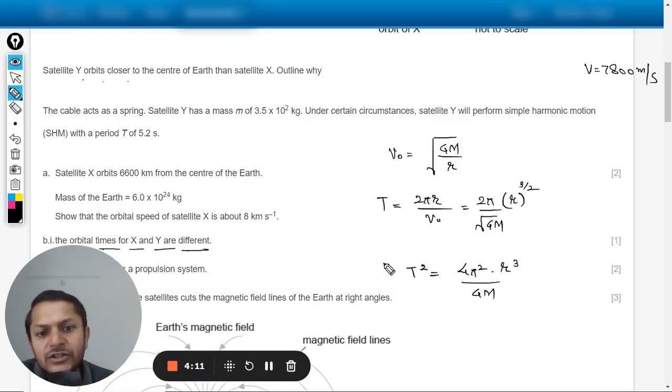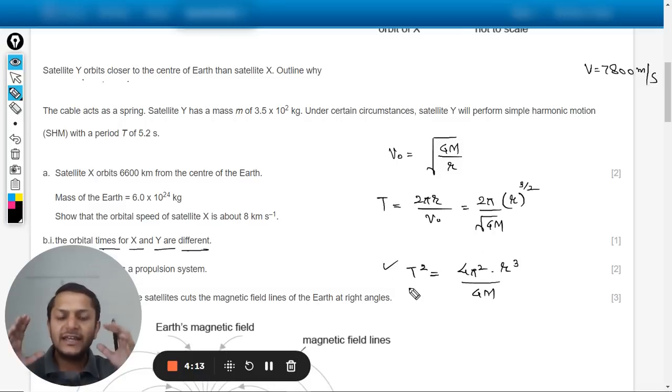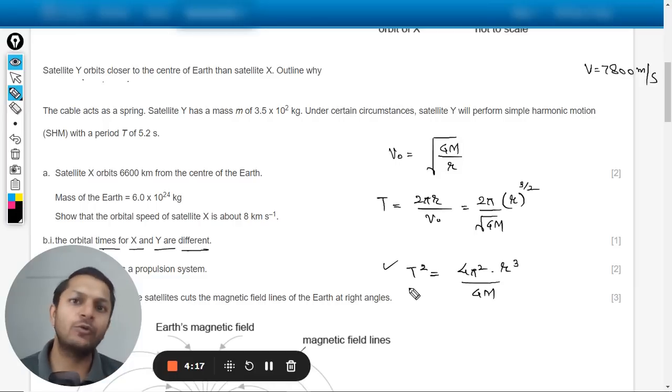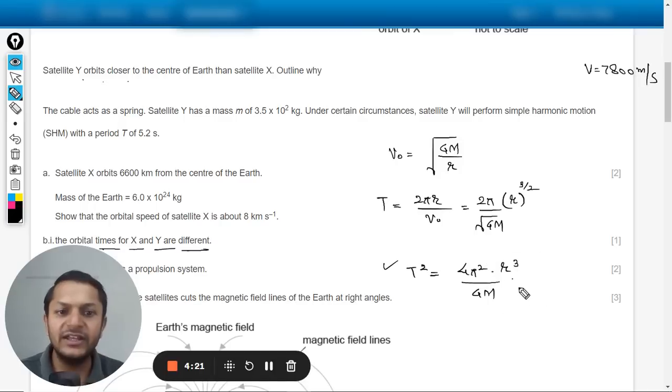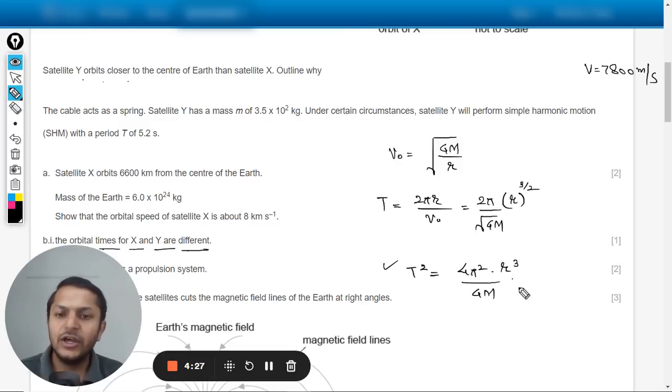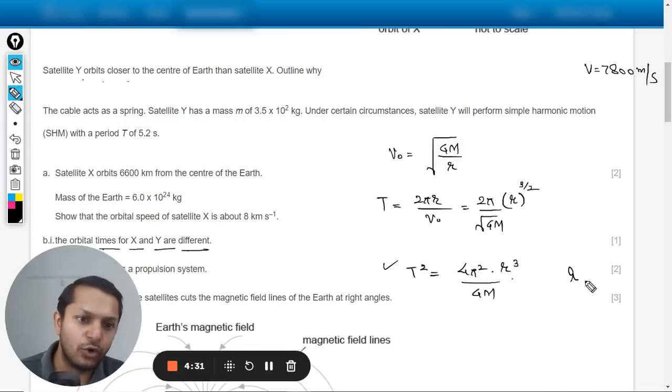This is the formula for the time period of the rotation of the satellite around the Earth. Obviously, this depends on the radius of the circle, the distance of the satellite from the center of the Earth. So it is different for Y, and it is different for X. For X, it is more.